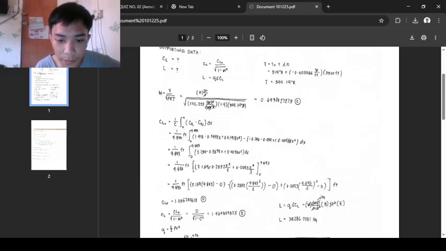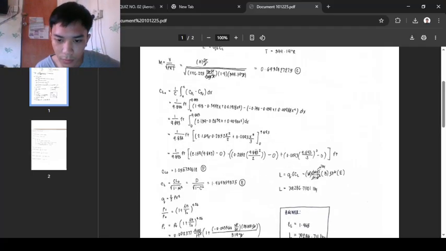So we have 2.159x minus 0.2852x squared over 2 plus 0.0093x cubed over 3 from 0 to 9.843. So we're gonna just distribute the difference.